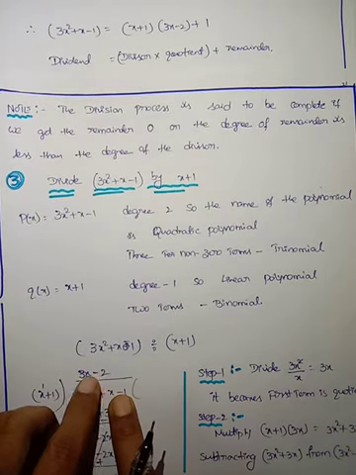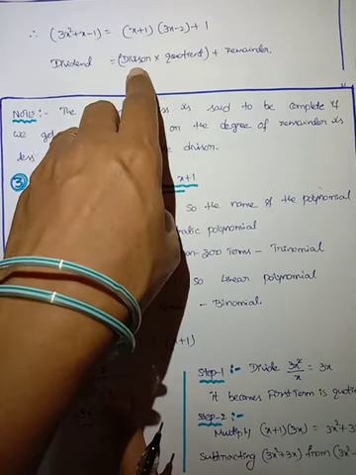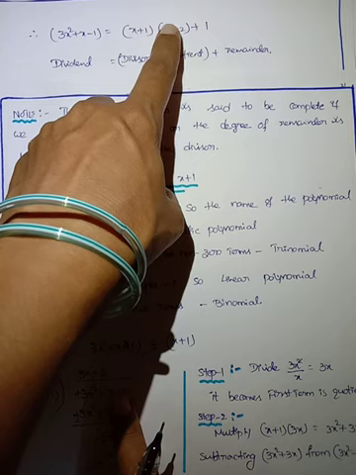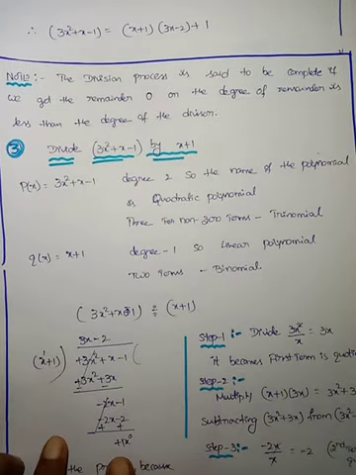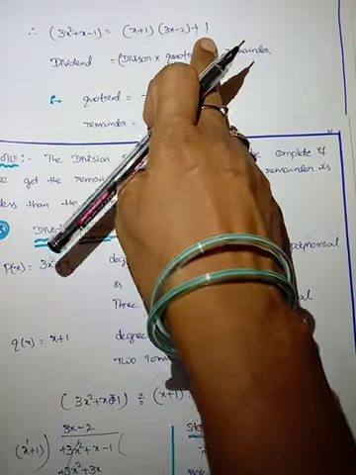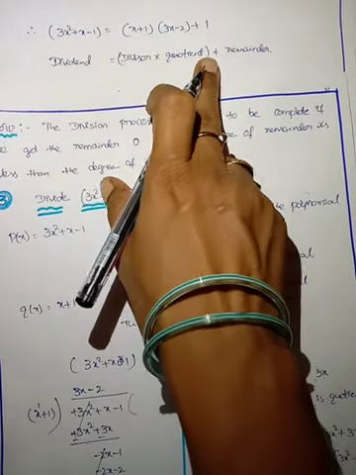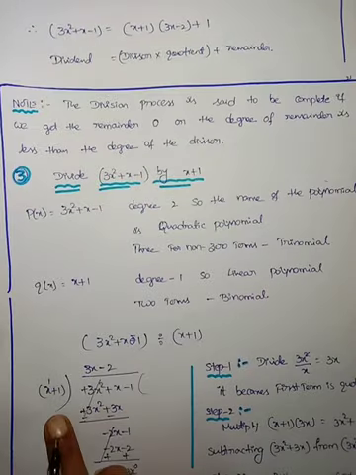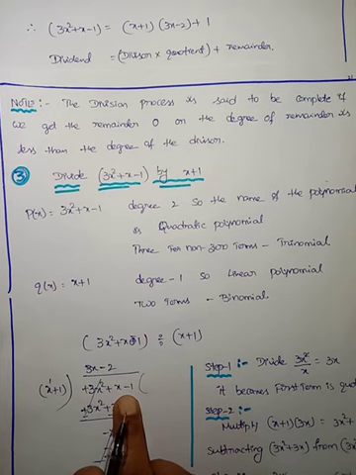What is the quotient here? 3x minus 2. Divisor x plus 1 into 3x minus 2 plus what is the remainder here? 1, so writing plus 1. Here the remainder is 1, which means x plus 1 is not a factor of 3x square plus x minus 1.